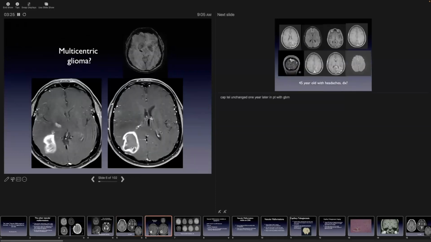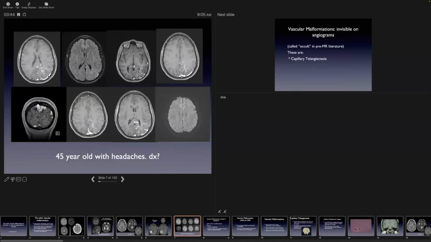And finally, this patient who had this glioblastoma, there was this area of enhancement you can see along the posterior limb and the internal capsule. This is what it looked like on the susceptibility weighted imaging. And the consideration was given at the time of multicentric glioma.